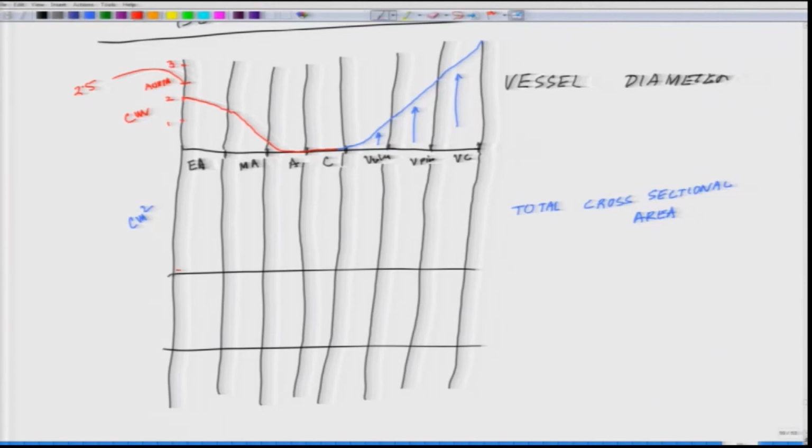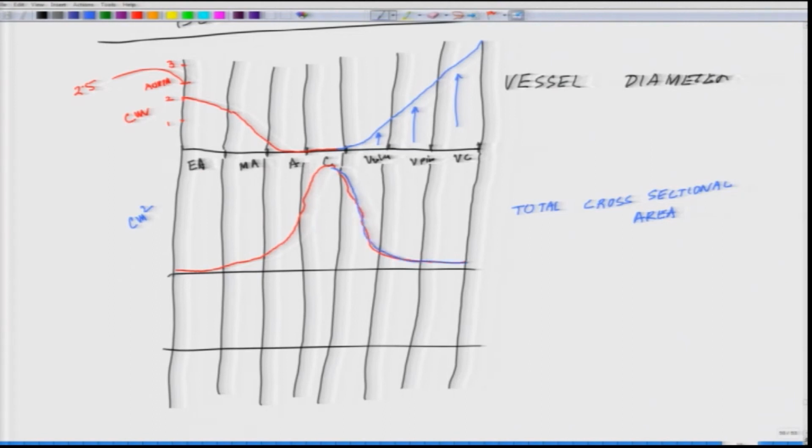Out here it is perfectly fine, and from here it started to increase and becomes maximum at the capillaries, and then it starts to fall down. You can use another color for this side, to give you the feel.